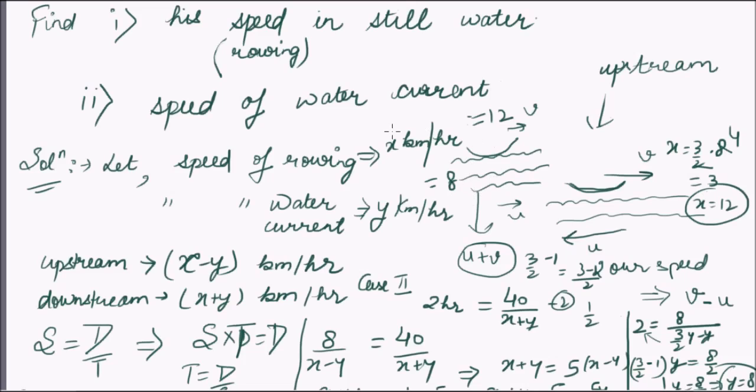Thus, speed of rowing of boat by Varun is 12 km per hour, whereas the speed of water current is 8 km per hour.